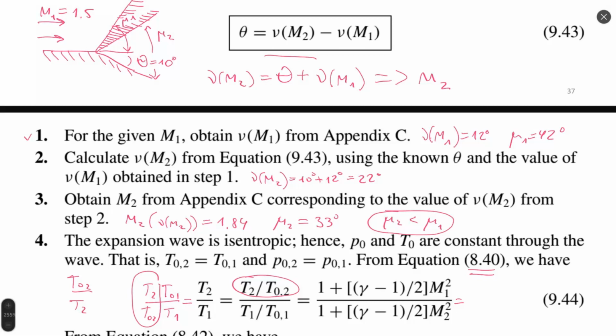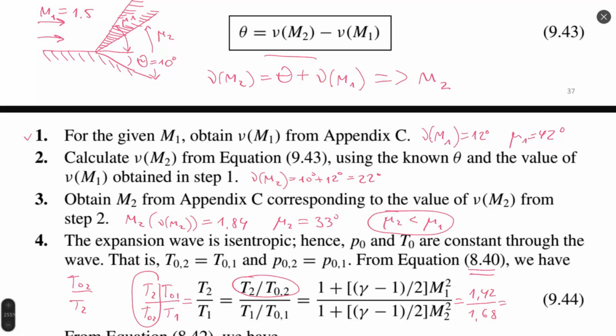Okay, so the parameter that corresponds to Mach 1, which I will put in the numerator, is 1.42, and in the denominator, corresponding to Mach 2, the temperature ratio is 1.68. Pay attention that this ratio should be smaller than 1.